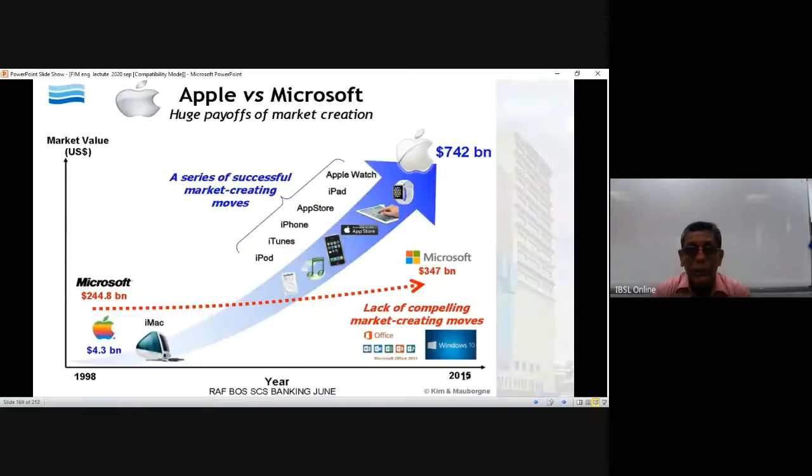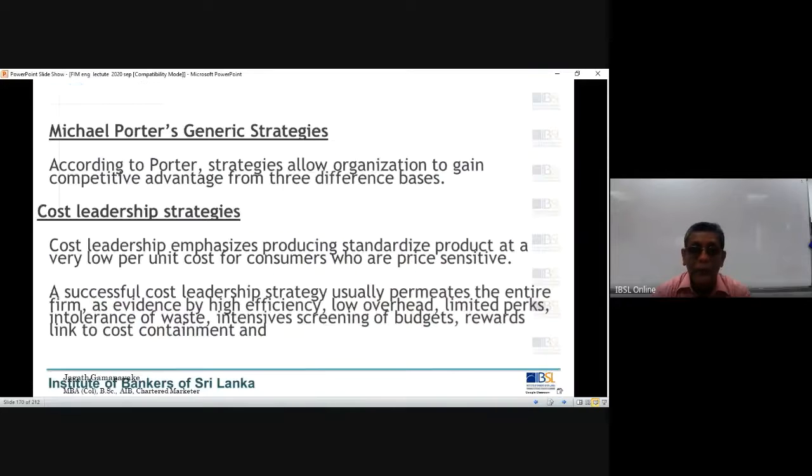But blue ocean strategy, I explained to you with Apple versus Microsoft. Apple came up with something totally different. Rather than competing with competitors, they came up with the iPad solution.